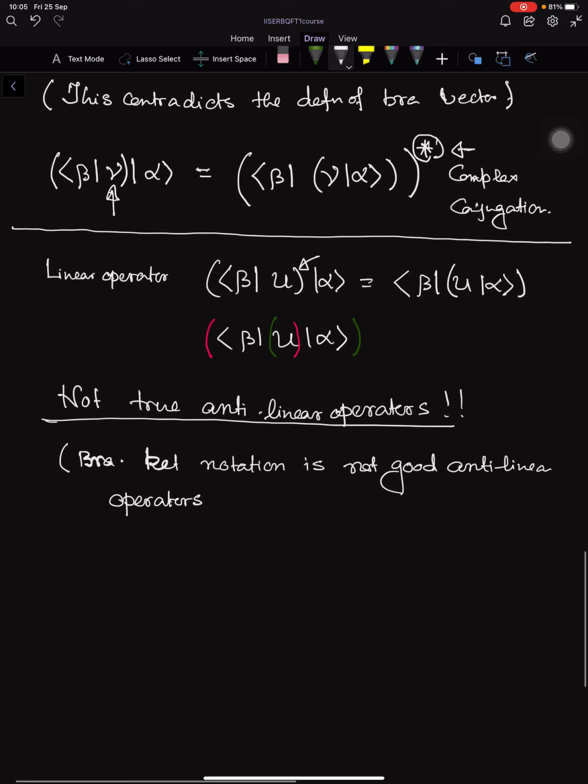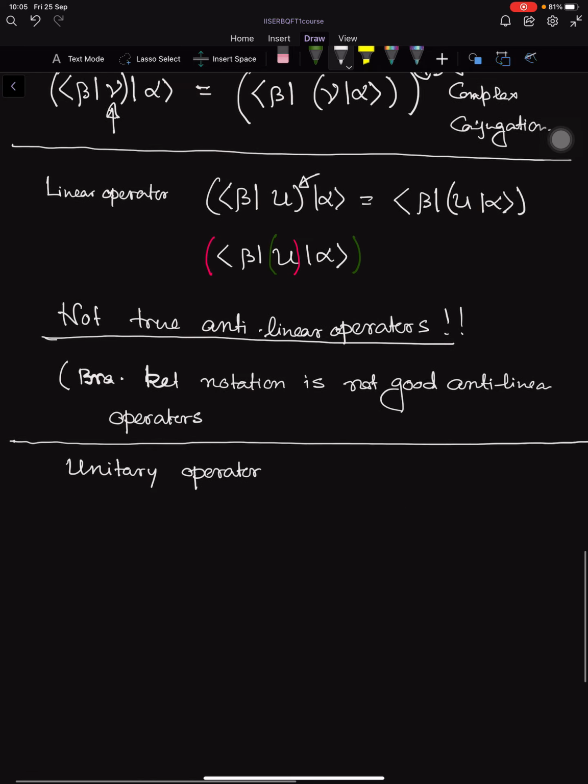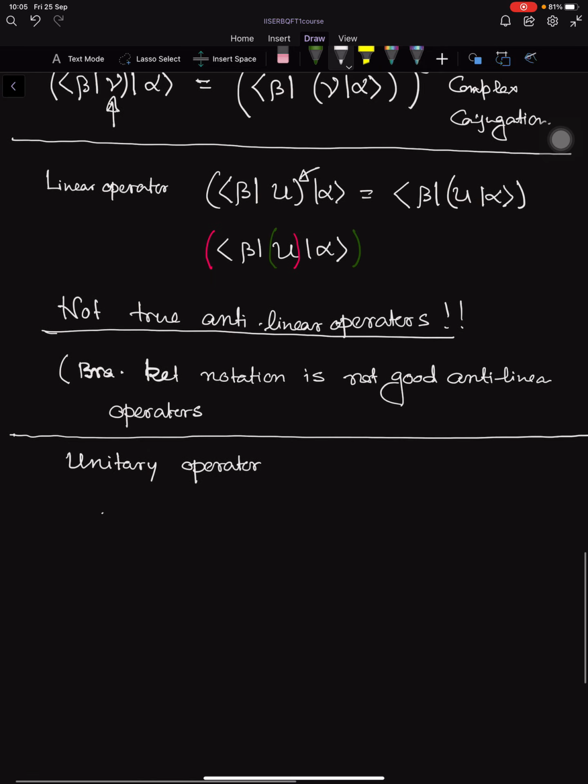Okay. Now we will define one last thing before concluding this lecture. We'll define unitary operators and anti-unitary operators. So let's say we have an operator u.